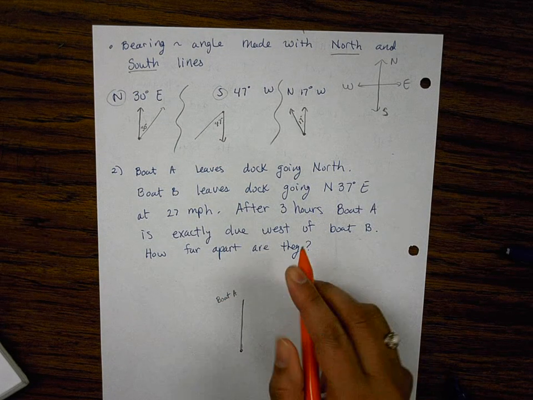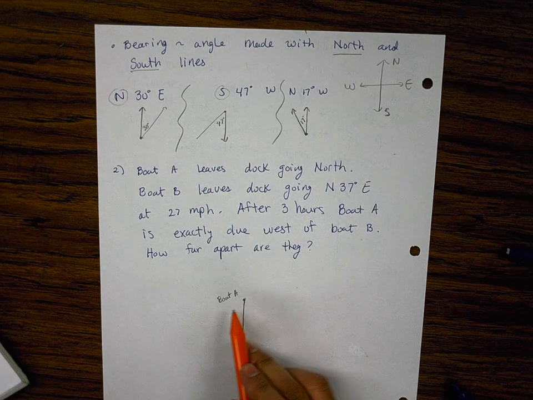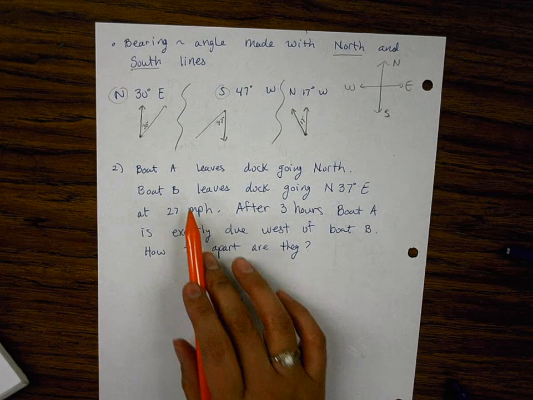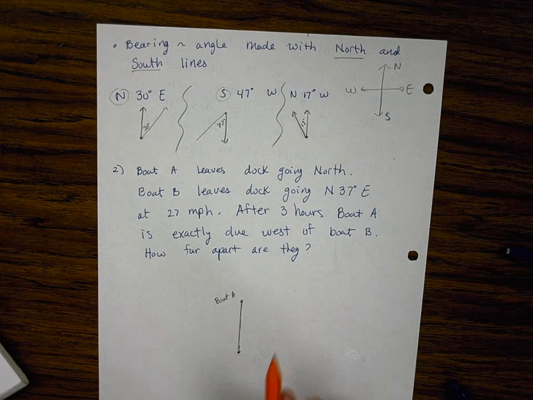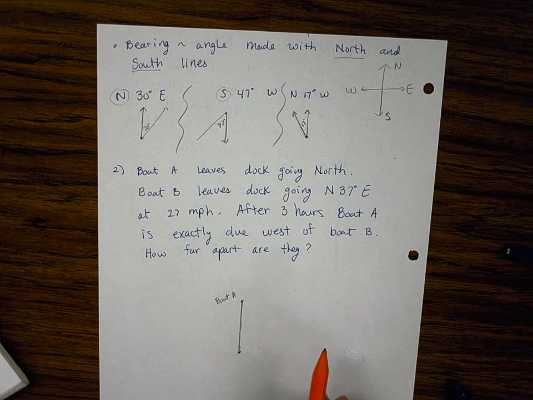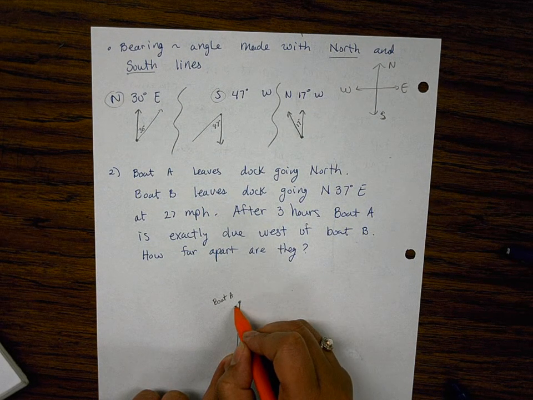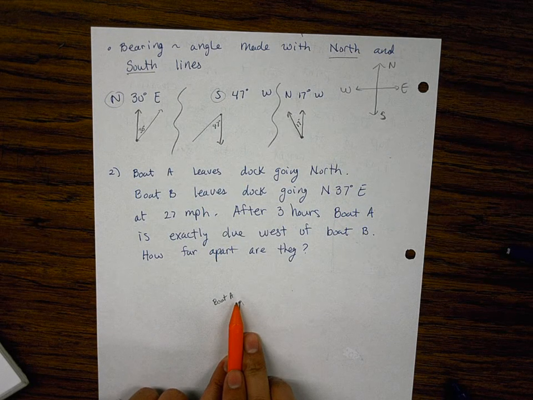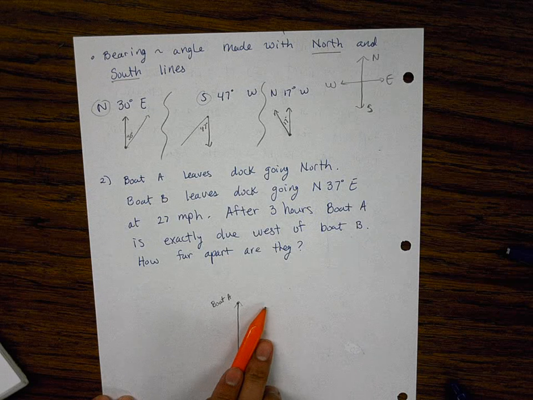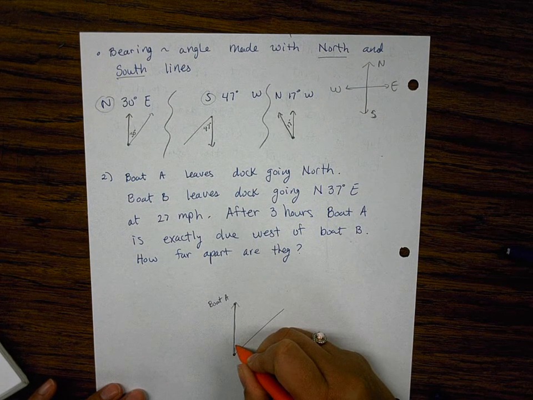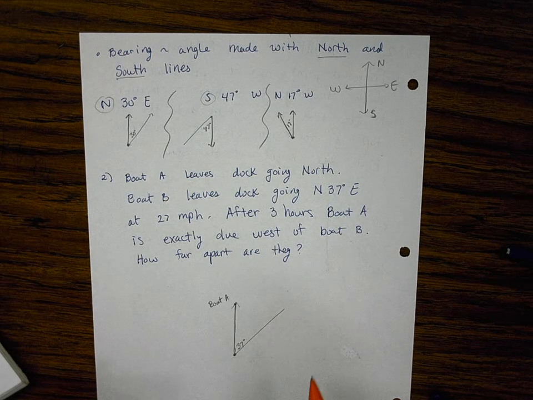Boat B, so I'm going to put up here, this is boat A. After 3 hours, this right here is boat A. Okay, boat B leaves the same dock going north 37 degrees east. Okay, so here's the dock. I draw my north line. We already have this vertical line there, so that's going to be my north line. What is it? 37 degrees east, so going this way. Draw an angle that's approximately 37 degrees.